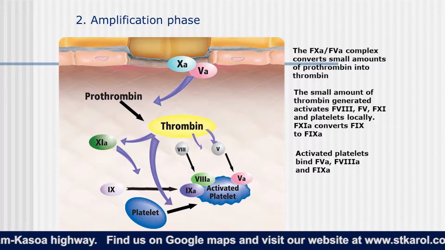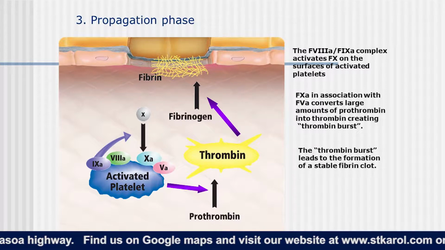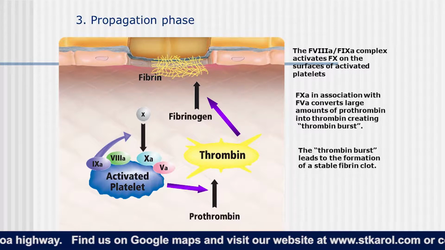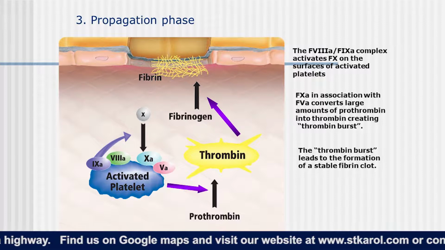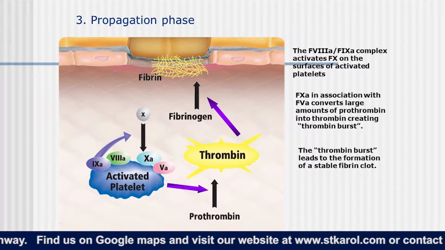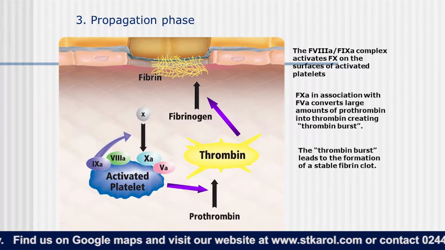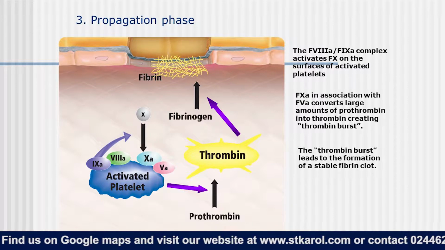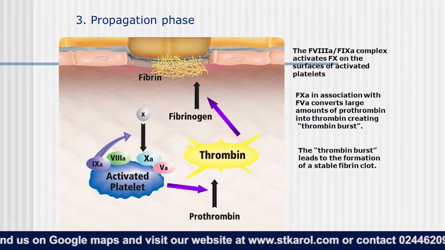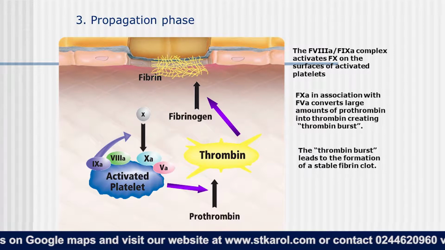So that is why there is the third stage, called the propagation phase. The propagation phase is where the thrombin will cause fibrinogen to change to become fibrin. In this case, a lot of thrombin will come together and lead to the formation of the fibrin, which stabilizes the clot.